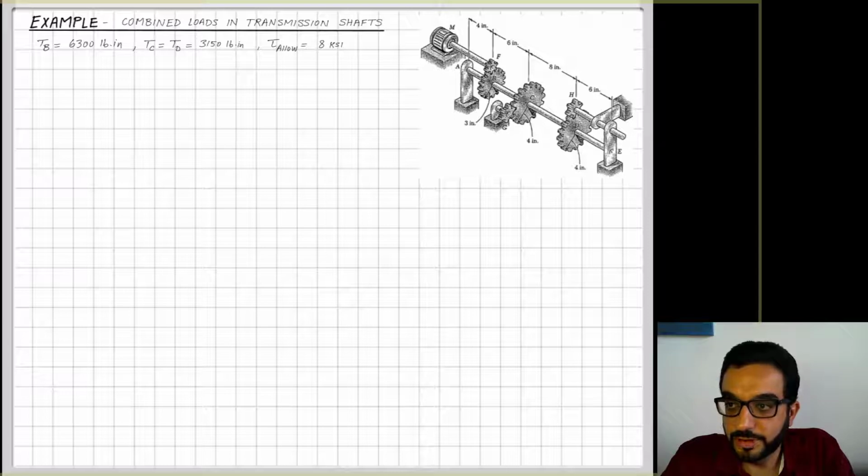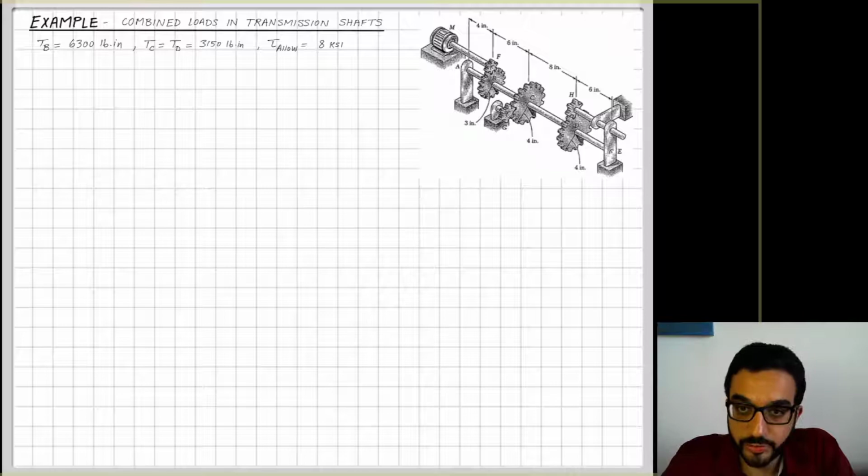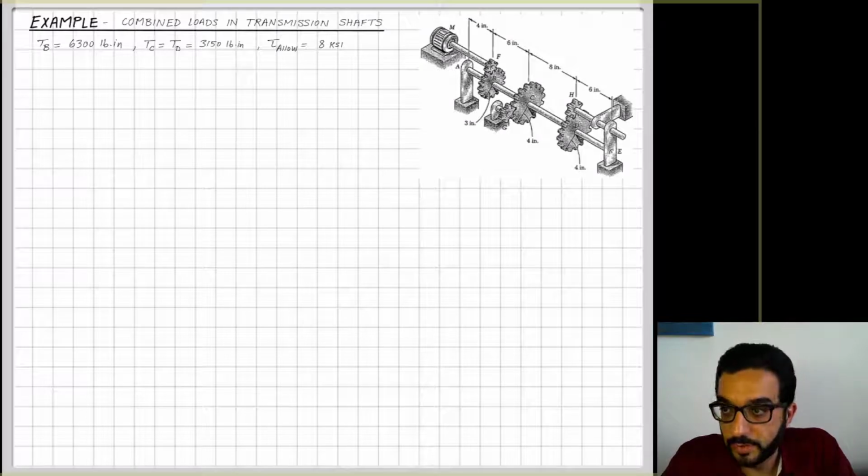we're given the power information about the motor at point M, and we use that to figure out the torques throughout the transmission shaft. In the main shaft we're analyzing here, shaft A, B, C, D, E, we figure out the torque applied at gear B, TB, and that the torques at both gears C and D are equal, and they add up together to TB to cause equilibrium.